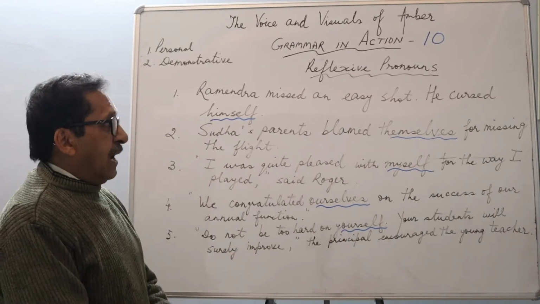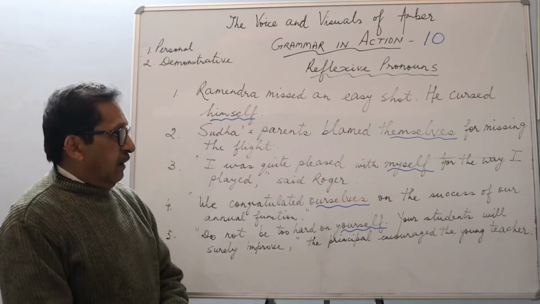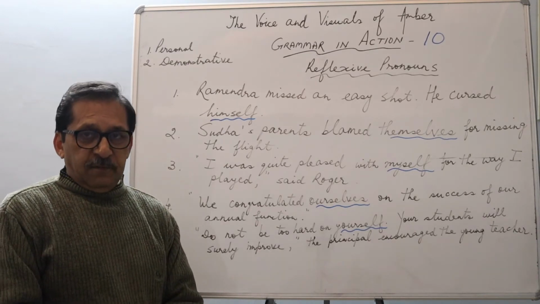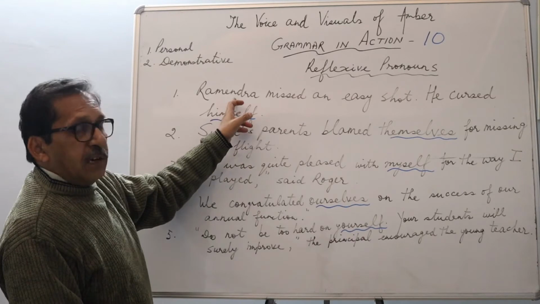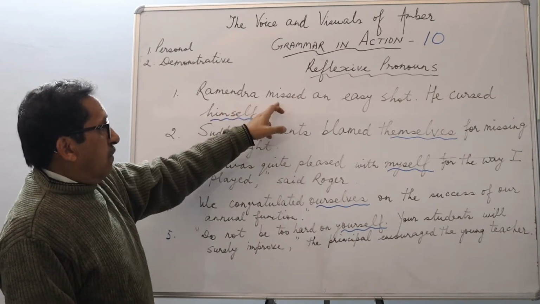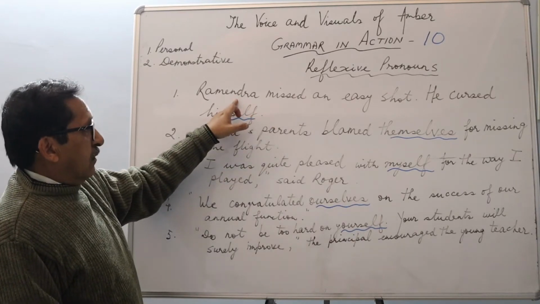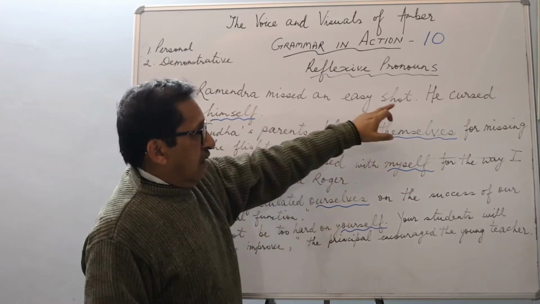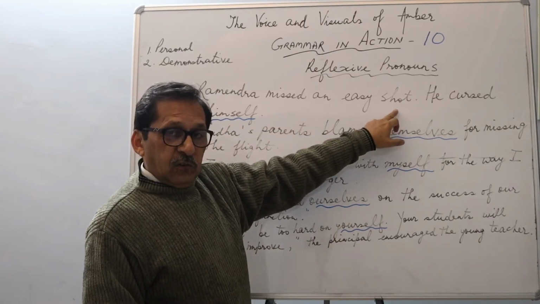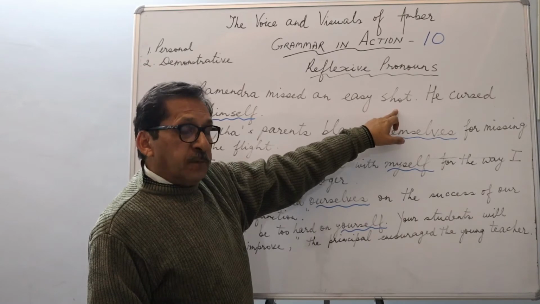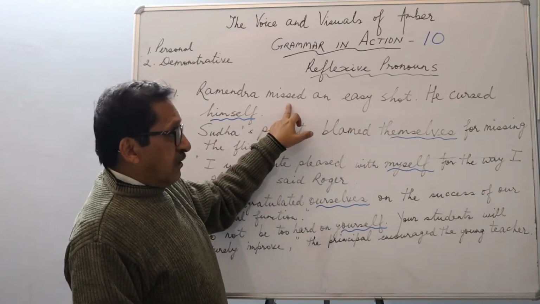Ramendra missed an easy shot. He cursed himself. So here the subject is a noun, Ramendra. Who missed an easy shot? Ramendra. Ramendra missed what? He missed a shot. So shot is also a noun, acting as the object of the action verb missed.